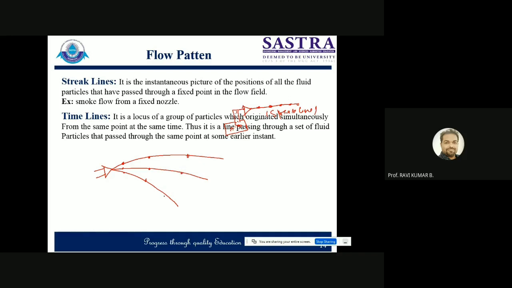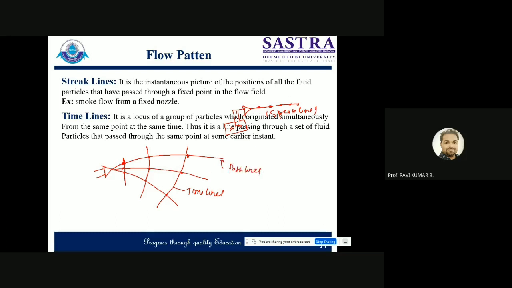If I want to draw these timelines, timeline is the locus of group of particles. This is one group of particles, another group of particles is here, third group of particles are here. So these are known as timelines. And this is path line.